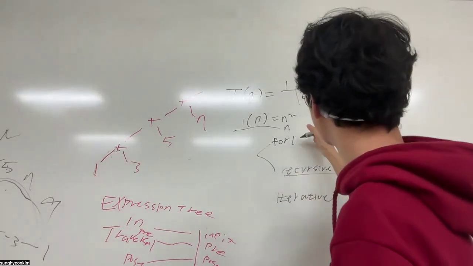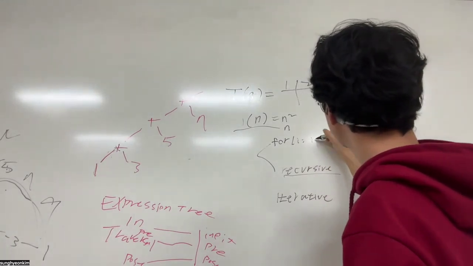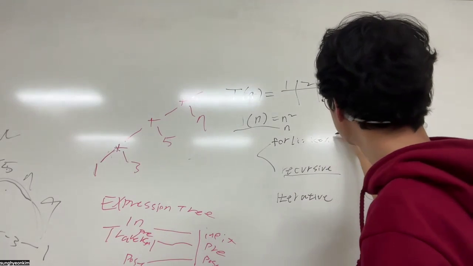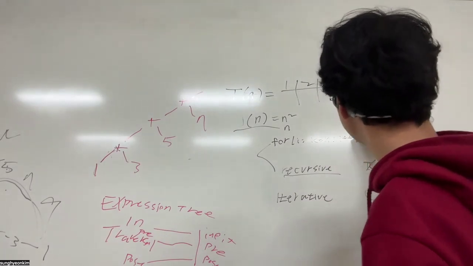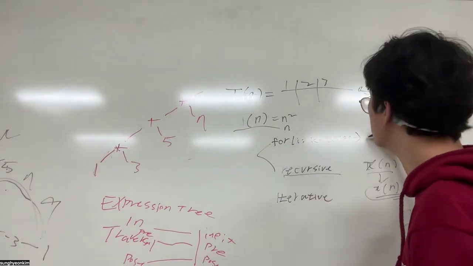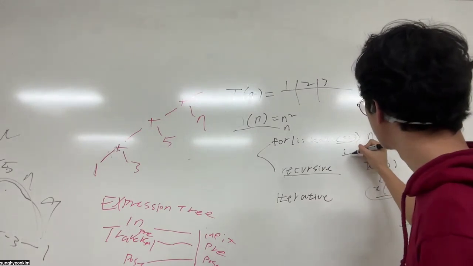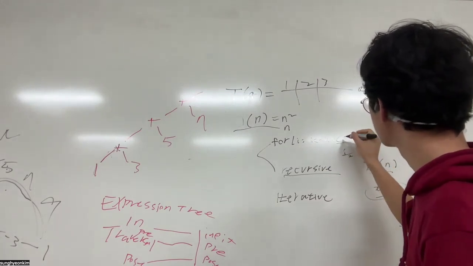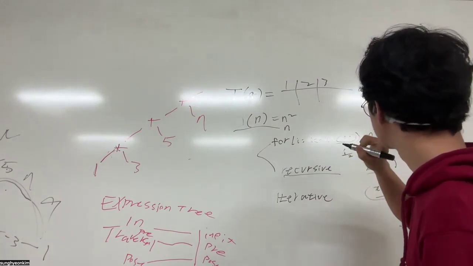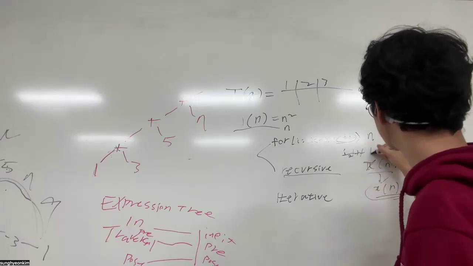Then for a for loop, if i gets bigger up to n, i plus, then it will be n. And if it is i over 2, plus, then it will be log n.